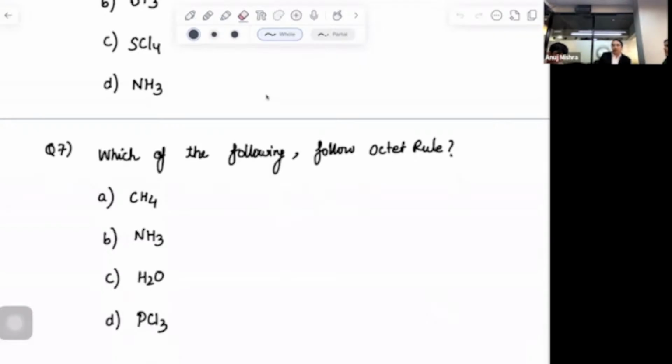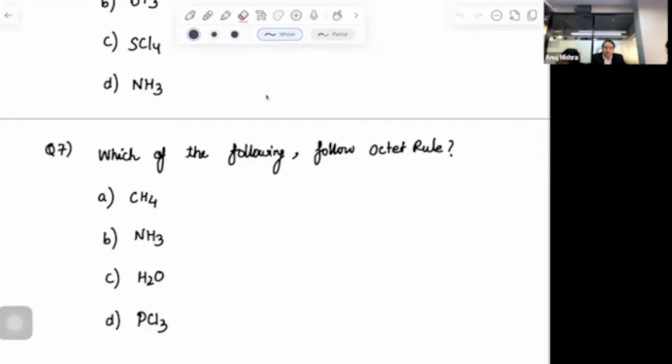Check. It has a duplet only. With that logic, CH4, NH3 and H2O cannot satisfy. PCl3 is the only one that can, because in PCl3 you form 3 P-Cl bonds, P will have 1 lone pair, and everything completes 8. So with that logic, you mark the option and the answer is D. But you have to think why. See, you have to take the odd one out basically. Is it clear? That's why I'm not marking ammonia in this case. If you consider a duplet also as a completion, yes, ammonia is an option.